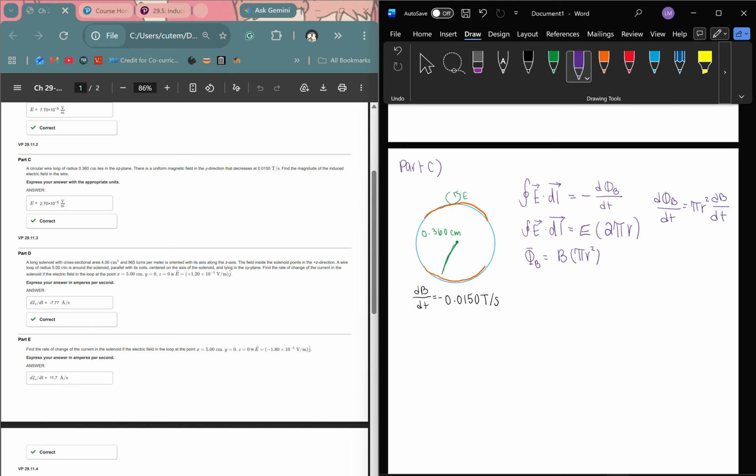The dB is the small change in the magnetic field, and dB over dt is the rate of change of the magnetic field, measured in Tesla per second.